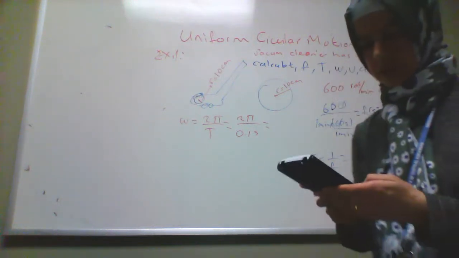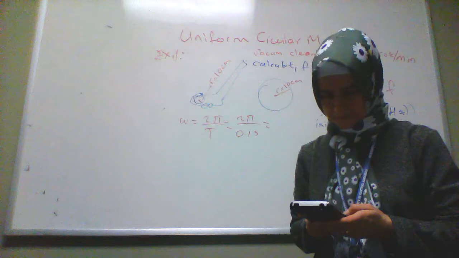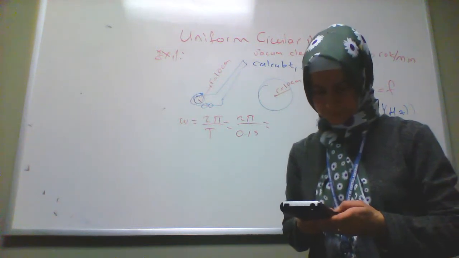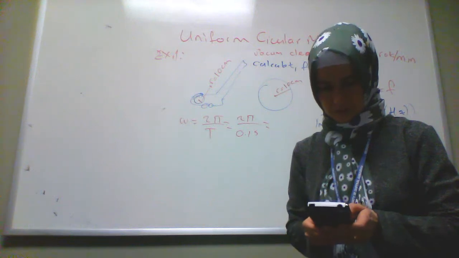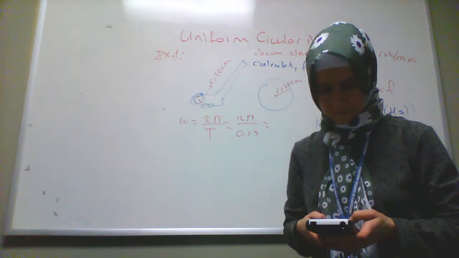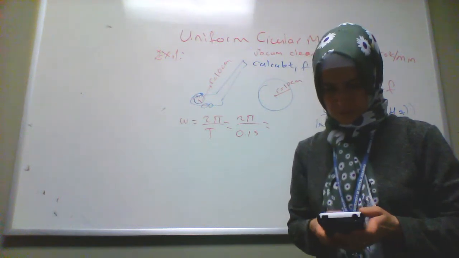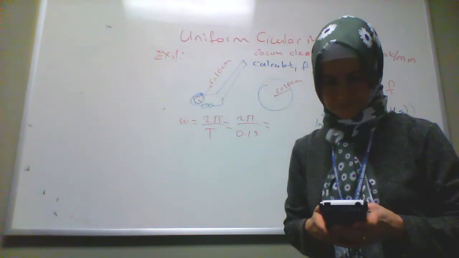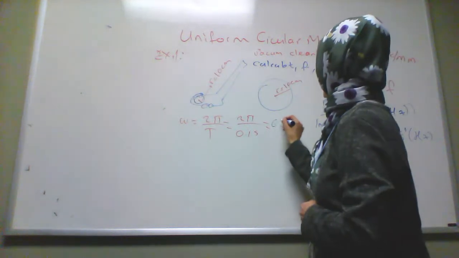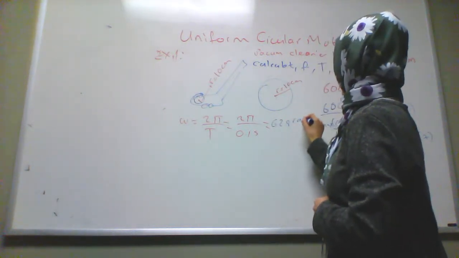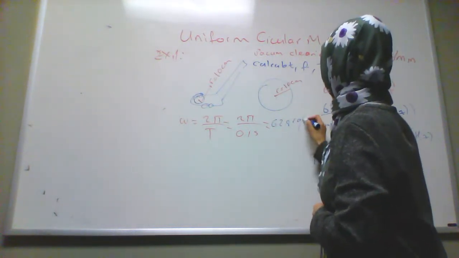Okay, interesting. Sorry about that. Pi divided by 0.1. 62.8 radians per second will be my answer.